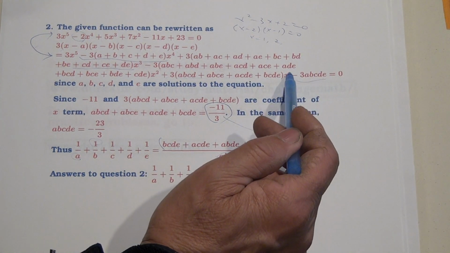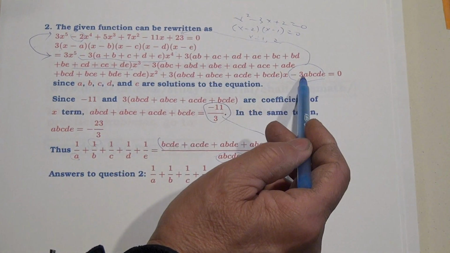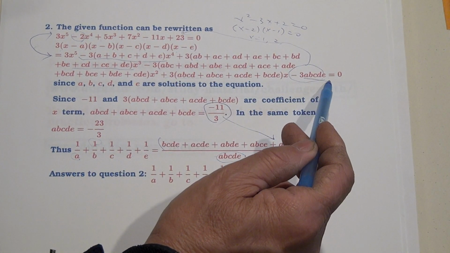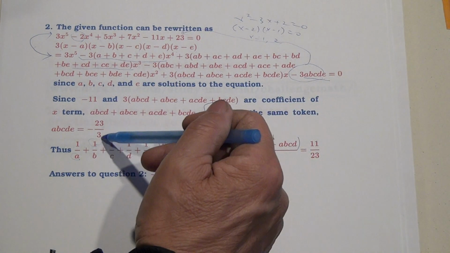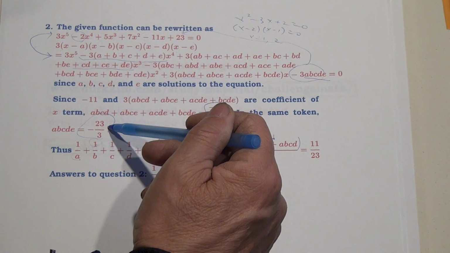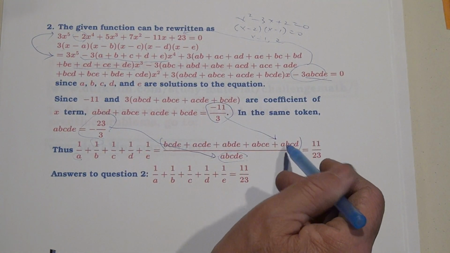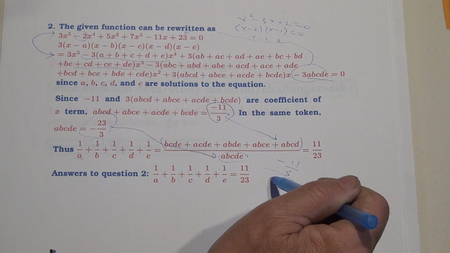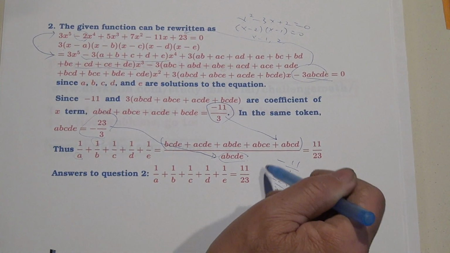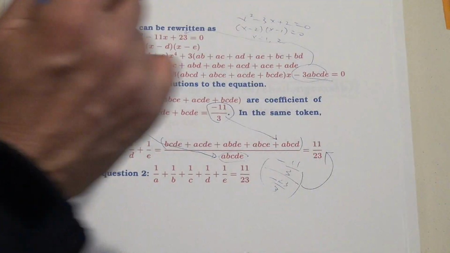This one, the last term here, means the same as that. So we have a, b, c, d, e must be 23 over negative 3. Okay, 23 over negative 3. It will be the denominator here. So when you replace negative 11 over 3 over negative 23 over 3 and simplify, you would get that.